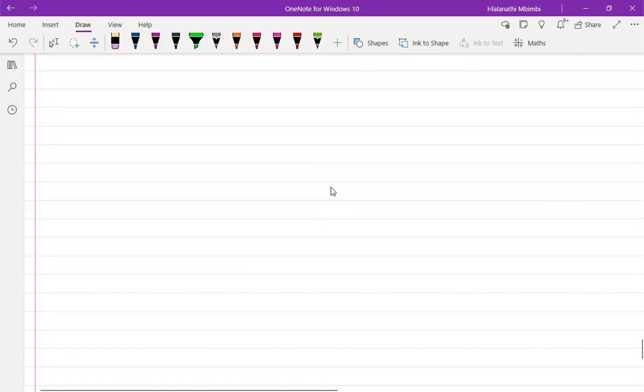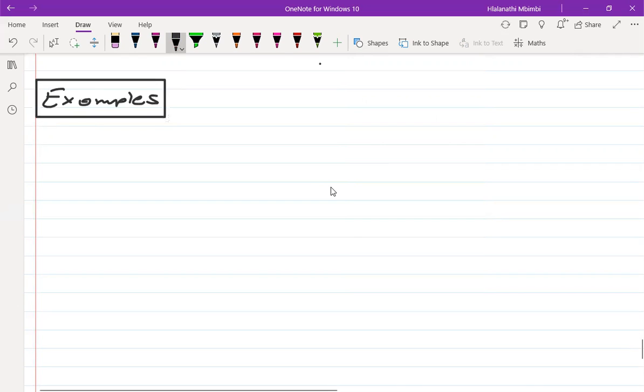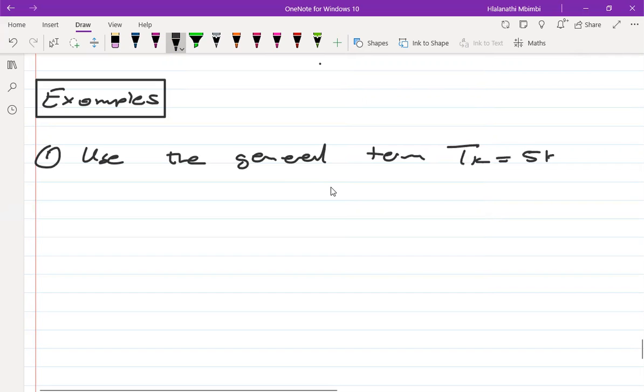The first one is to use the general term Tk equal to 5k minus 2 to determine S6.